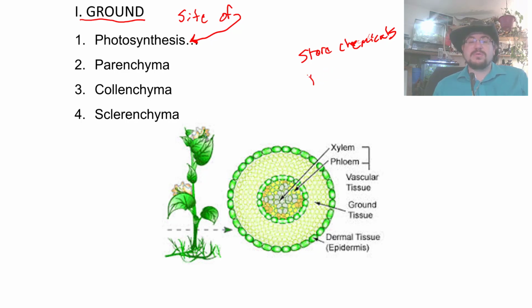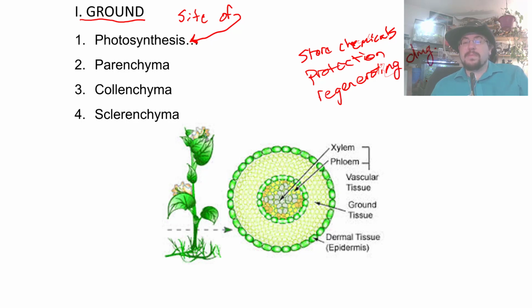We have ground tissue that serves functions of protection. And we have ground tissue that's involved with regenerating damage. There are very few cells outside the ground tissue that are photosynthetic.